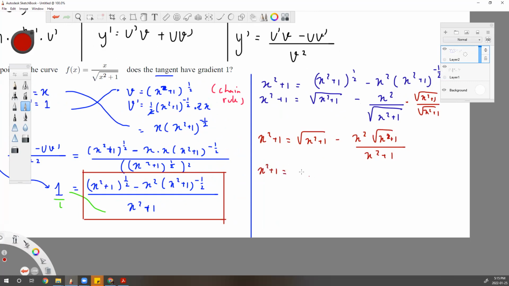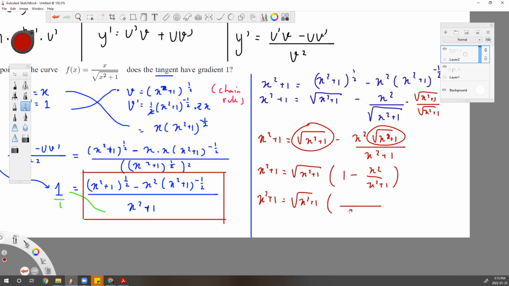So x squared plus 1 equals, you can just write square root of x squared plus 1, subtract, right? I just get rid of this. X squared over x squared plus 1. Okay, and then x squared plus 1 over x squared plus 1. Make this as x squared plus 1 minus x squared, right? So hard.